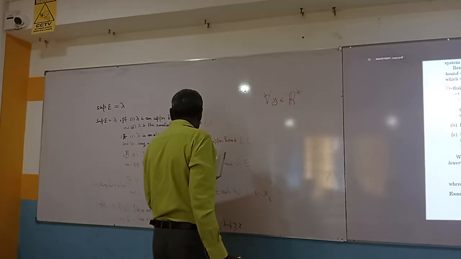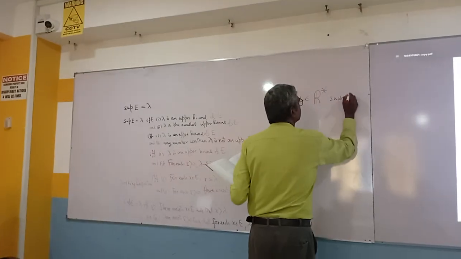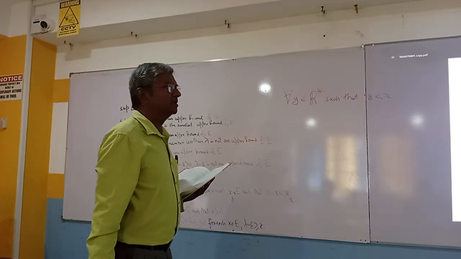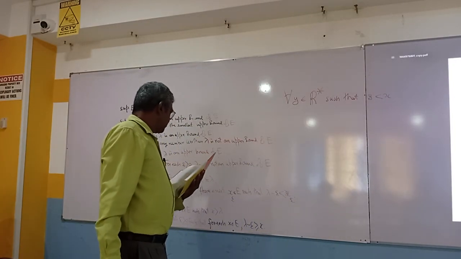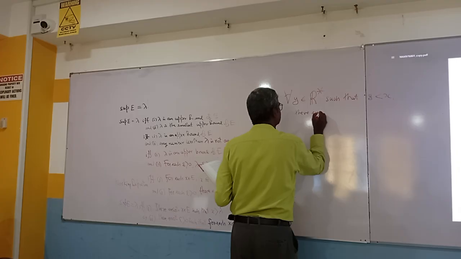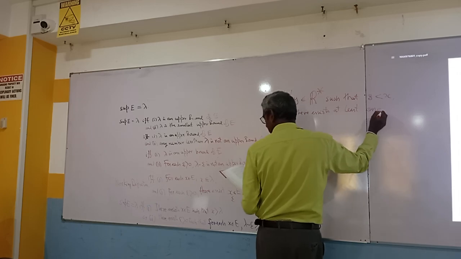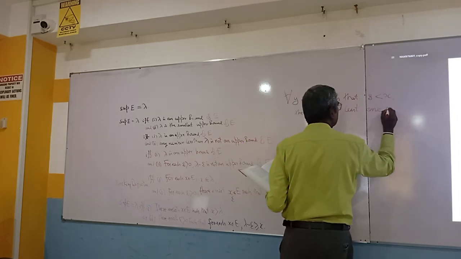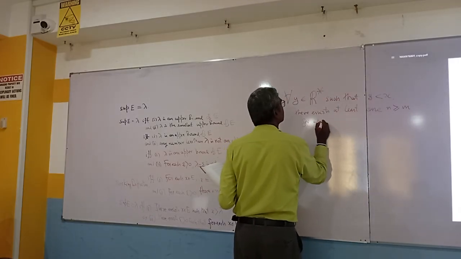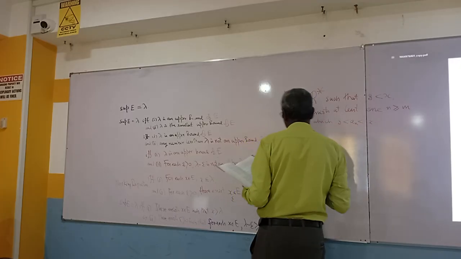For each y belongs to R star, for every extended real number y such that y less than x, there exists at least one n greater than or equal to m for which y less than a_n less than or equal to x.